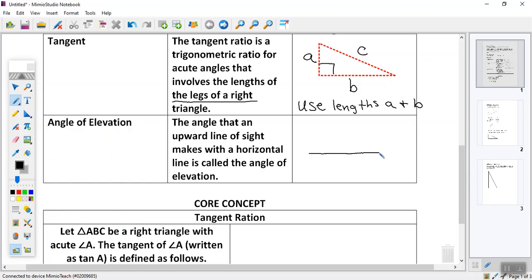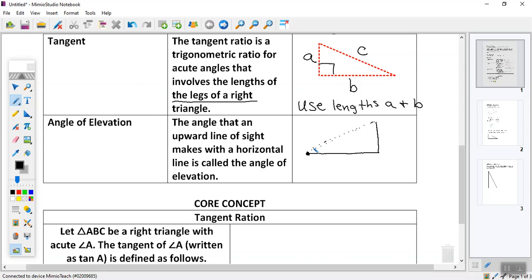Let's say you're standing right here, that's where your eyesight is, and all of a sudden you look to a point up here. From when I was looking straight ahead to when I looked up, what do you think I formed right there? Yeah, this triangle.